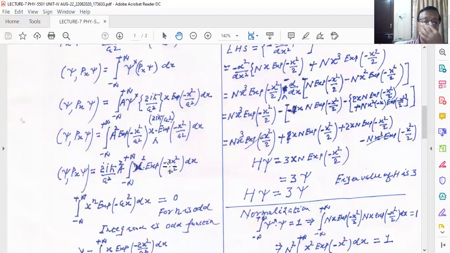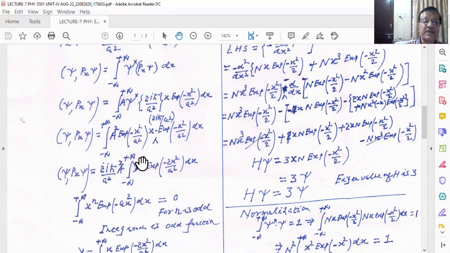So this is the value we have got for n, and here you see your n is odd, and if n is odd, then the integration comes out to be 0. So the integrand is an odd function, and if the integrand is an odd function, this integration comes out to be 0.